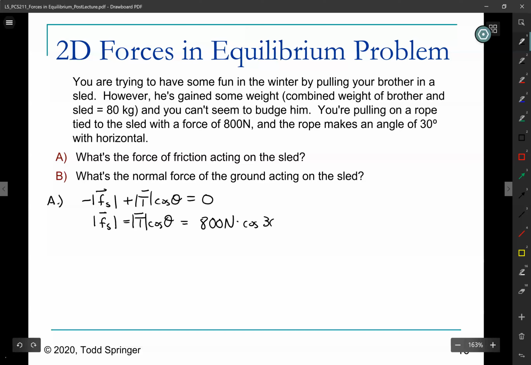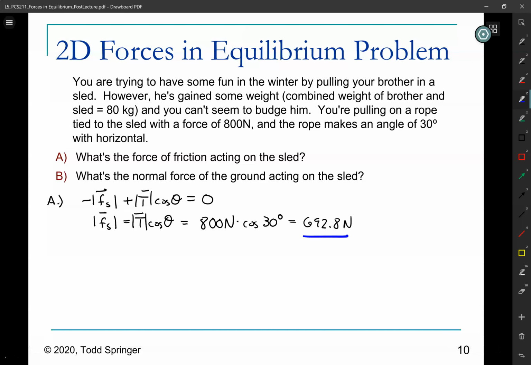I plugged in the numbers at the very last step. The units are okay because the tension is in newtons and this is a force, so it should be in newtons. When I plug the numbers in, I get 692.8 newtons. That's the magnitude of the static friction force.